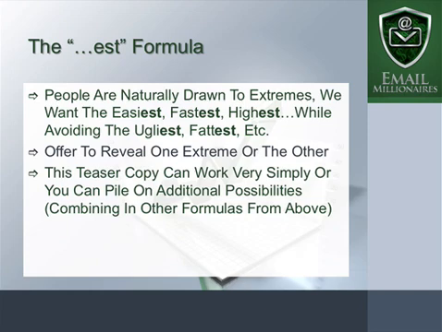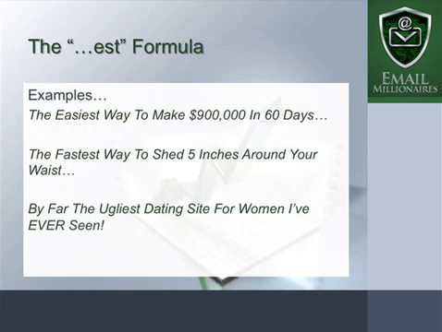That'll give that wonderful little 1-2 punch. Here are some examples. The easiest way to make $900,000 in 60 days. The fastest way to shed 5 inches around your waist. By far the ugliest dating site for women I've ever seen.